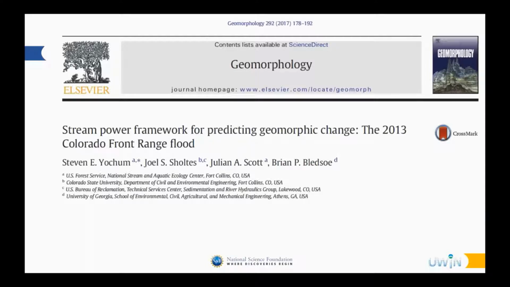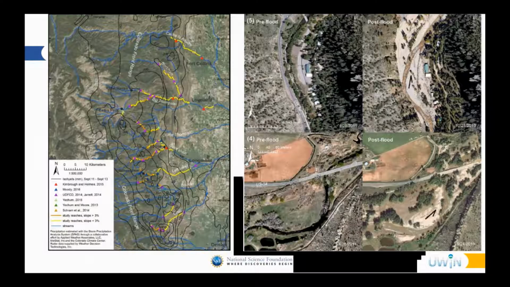So in this context, I did want to mention some recent research we just finished up on the Front Range of Colorado. This is just recently published in Geomorphology, collaborating with a couple of my former students, Steve Yoakum and Joel Schultes, along with Julian Scott at the Forest Service in Fort Collins.